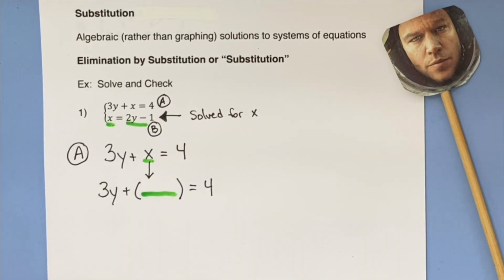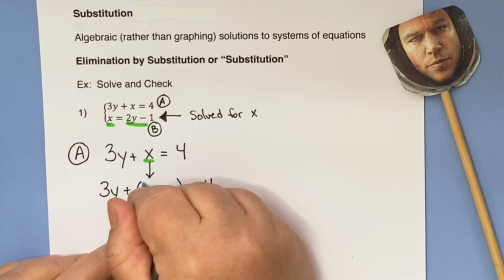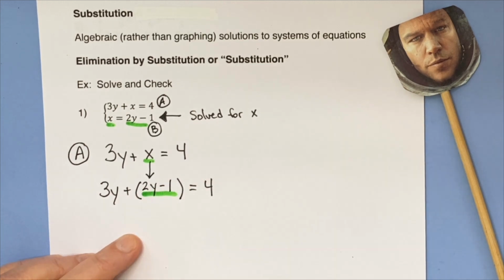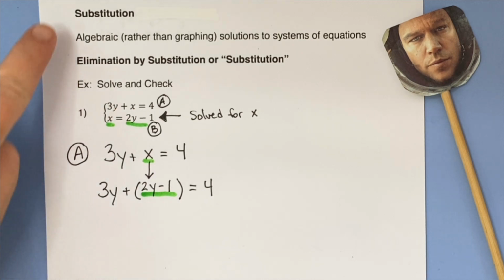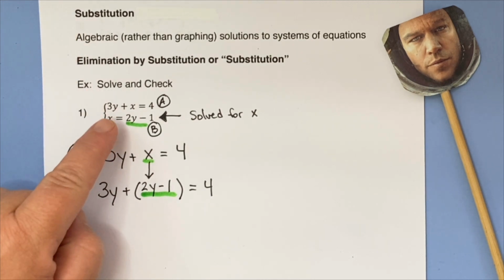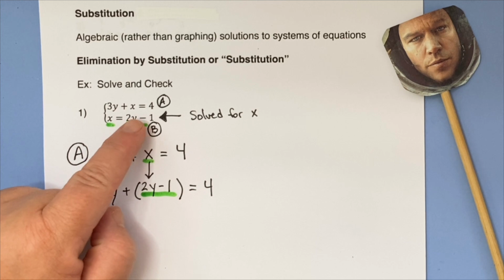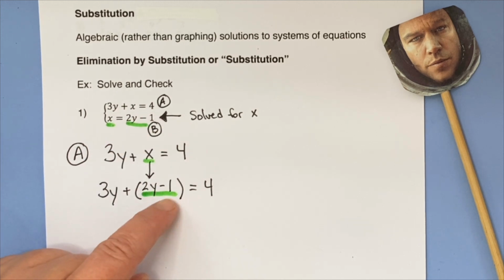So right where the x is, instead of x, I'm going to write 2y minus 1. Now, why is it called substitution? Because I'm substituting, instead of the x, what x equals. So I've got that there.